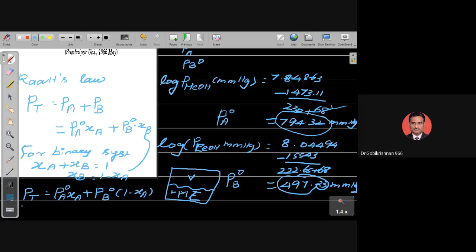Therefore, I can write 760 equal to 794.32 XA plus 497.23 into 1 minus XA. From this, find the value of XA. All of you tell me what is the answer for this case.